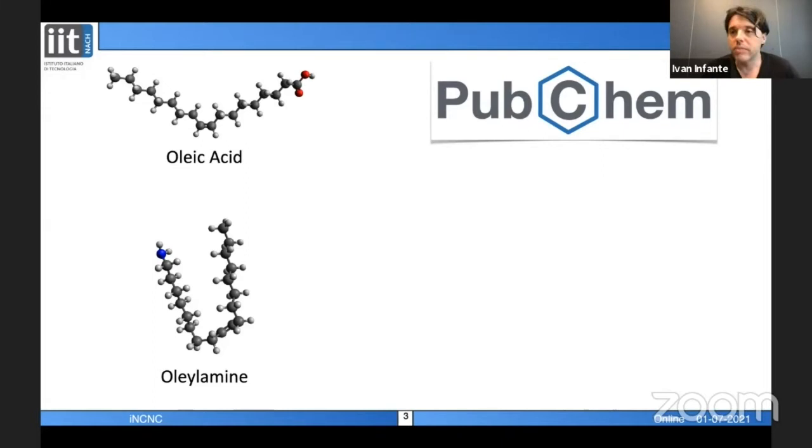But how many structures are there in the PubChem database? The number of structures that you actually have is quite large: 110 million compounds. These are total organic molecules that in general have been synthesized or are purchasable or accessible.